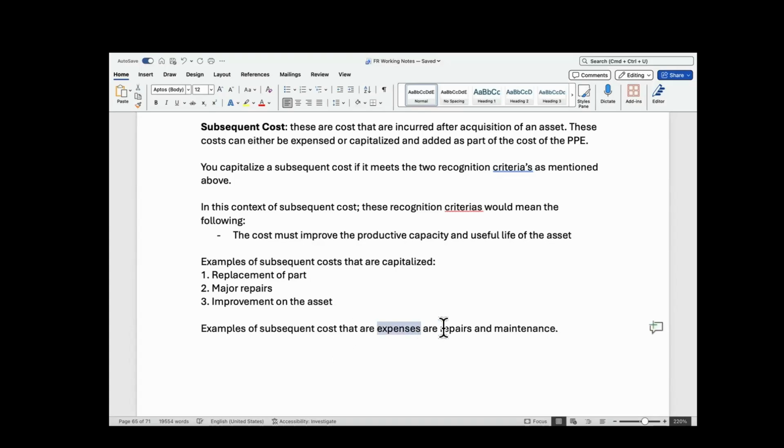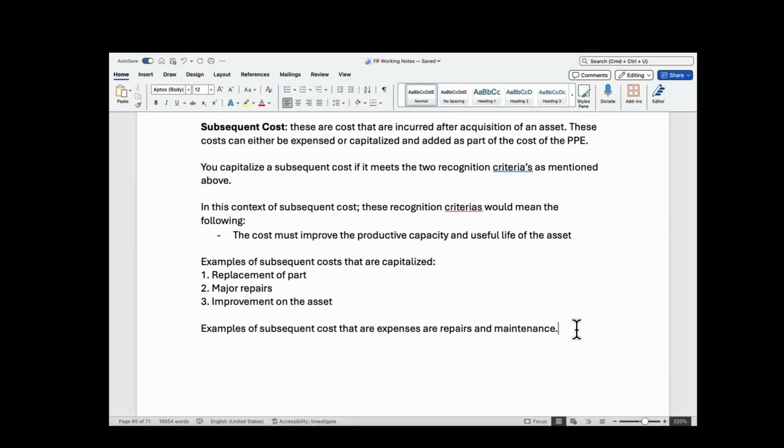Any costs that you classify in your books as repairs and maintenance clearly show that these costs do not improve the useful life or productive capacity of the asset. This cost will only sustain and maintain the existing productive capacity, not improve it.